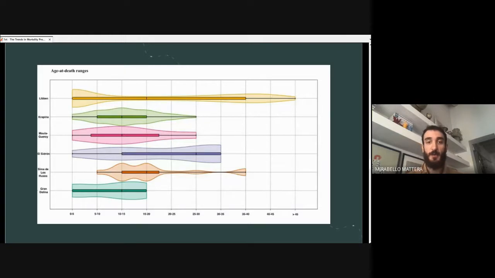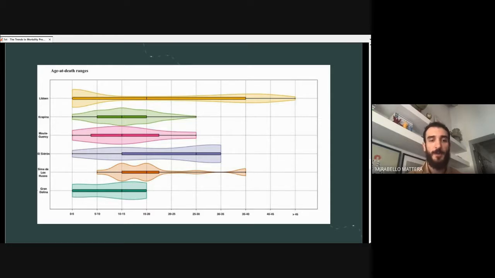So this is our first graph, and we can recognize three main groups with different accumulation patterns. The first one is represented by the site of Liben, that is our cemetery site, that shows a typical attritional pattern.